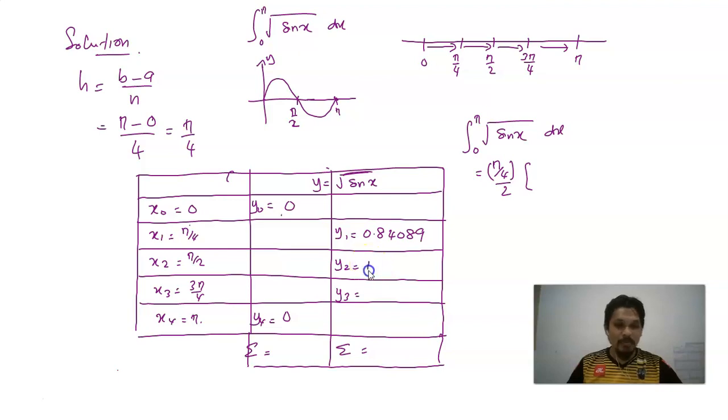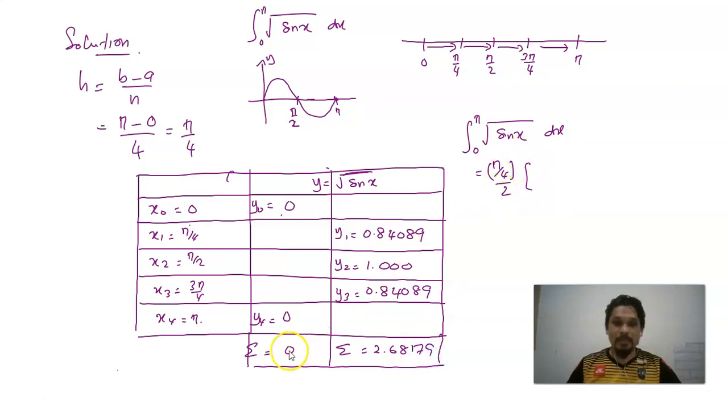Okay, it is 1.000, 0.84089. Okay, so the total here is 0 plus 0, 0, and the total on this side here is 2.68179.